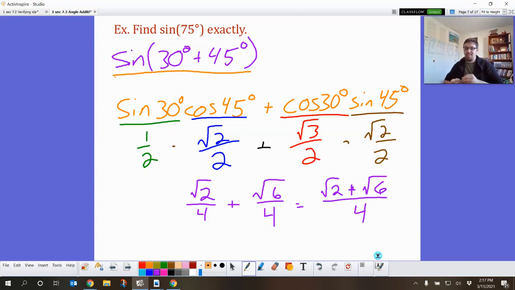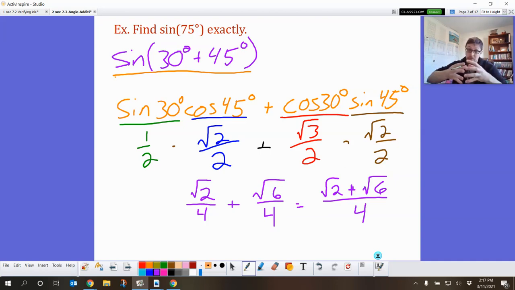Now you might be tempted, like, ooh, that's square root of 2, square root of 6. Can we put those together? No, we can't. You technically can. There's some rigmarole you can do, but we're not going to bother with that. We've got enough to deal with right now. And it is perfectly neat. Be careful that you don't accidentally add them together and make it a square root of 8. That is a big no-no. It is not the square root of 8. It has to stay separate.